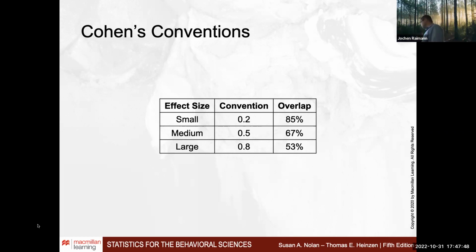And here on the side, you have a characterization of the overlap, because with a small effect size, you basically have 85% of your distribution curve overlapping. With medium, you have 67% overlapping, and with large, you have 53% overlapping.